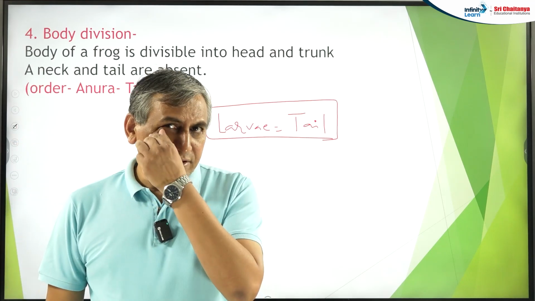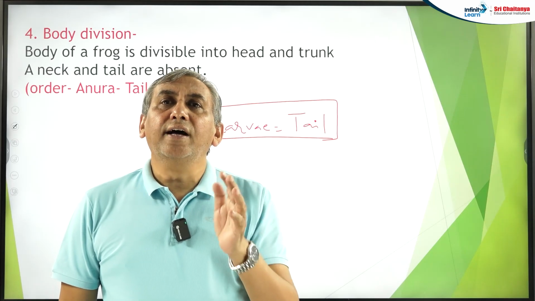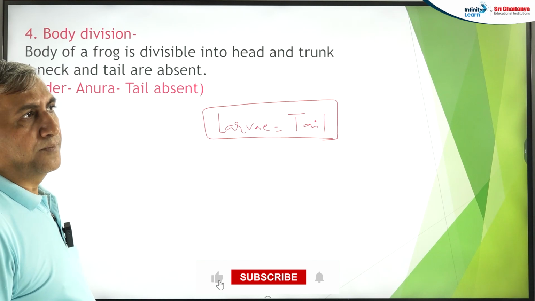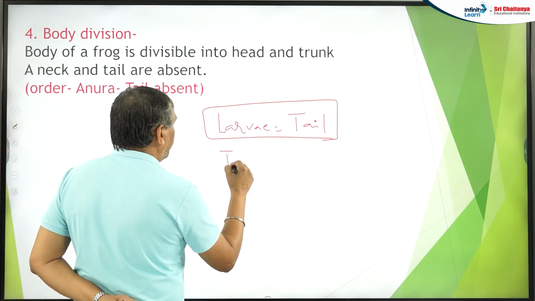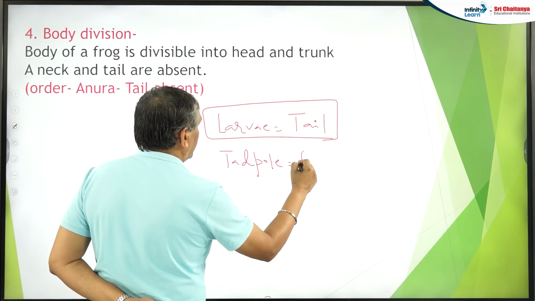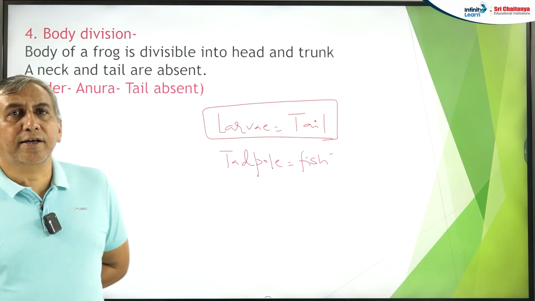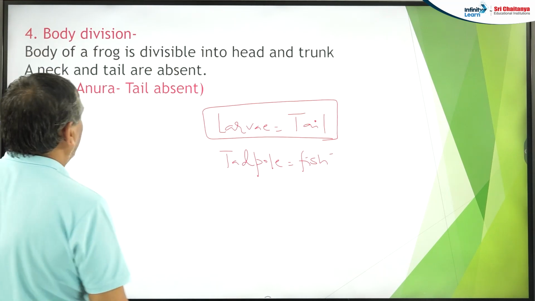In the life history of frog, the tail is present, because the life history includes the larva stage also. The name of the larva of frog is the tadpole, and the tadpole looks like a fish and has a tail. So this is the one point that you have to remember.